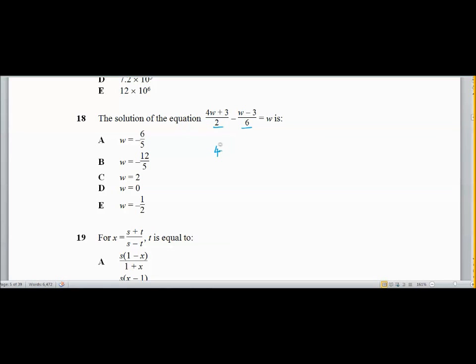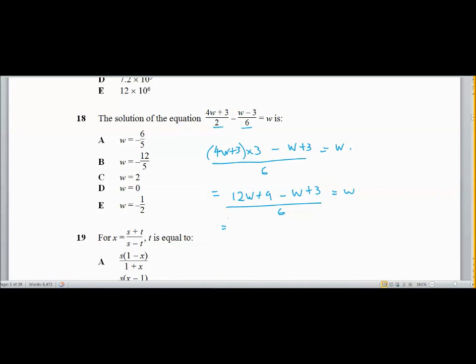So we need to multiply this 4w plus 3 by 3, and then we can add those fractions. Let's expand out now. 12w plus 9 minus w plus 3 over 6 is equal to w.